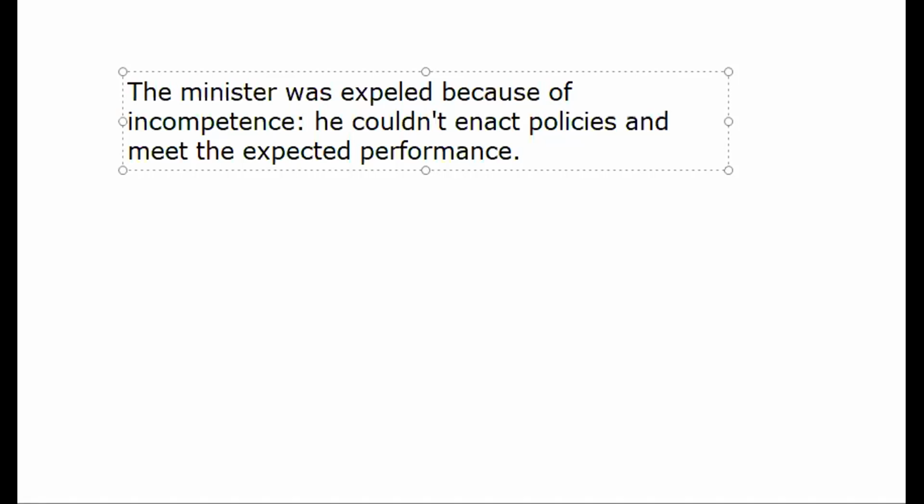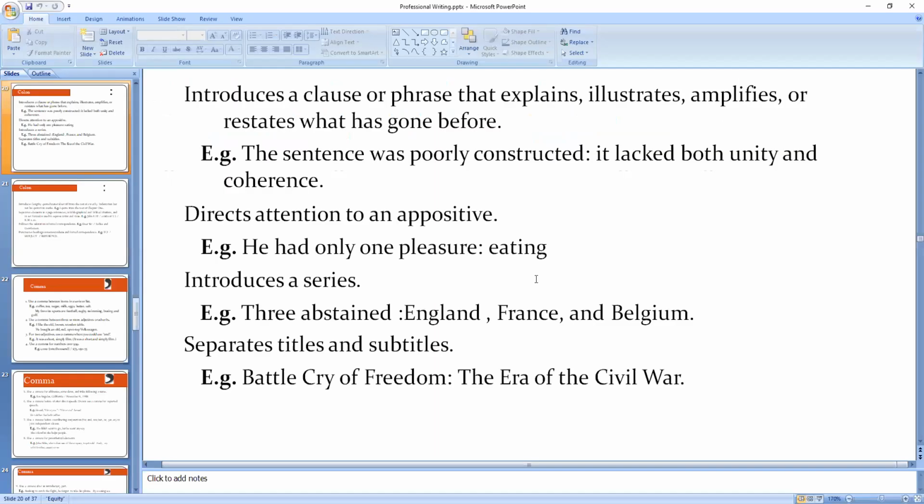So we can say like that as well. So now I'm moving back to our screen. So we say the sentence was poorly constructed. It lacked both unity and coherence. So it shows you we are explaining more about why the sentence was poorly constructed, giving more details.